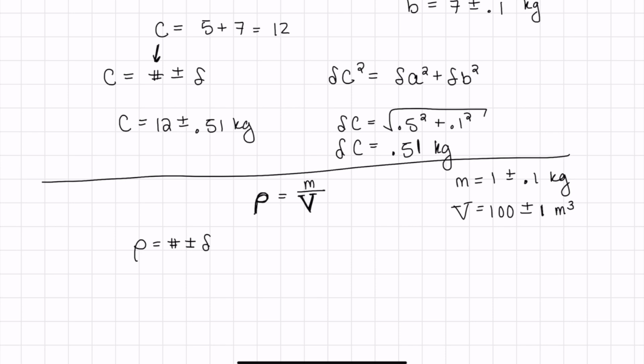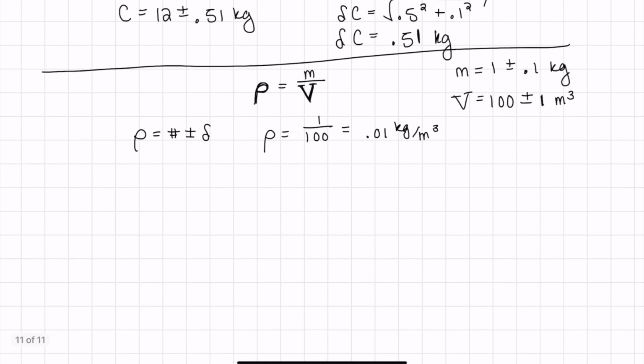So again, rho is going to be a number plus or minus an uncertainty. The number will just be our 1 divided by 100, which will be 0.01 kilograms per meter cubed. And for the uncertainties, we're going to use the error propagation.